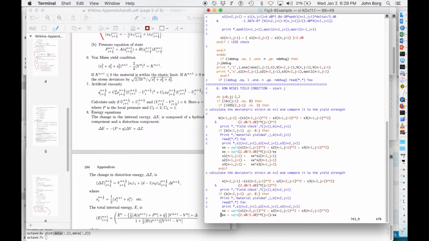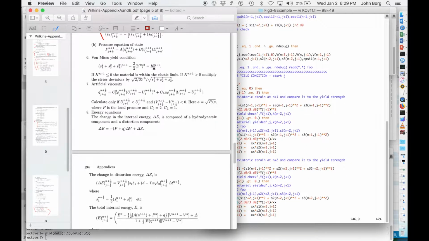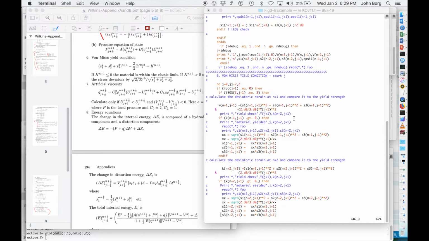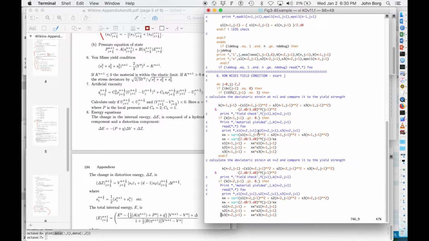So here comes the von Mises yield criteria. It's calculating the yield surface here, the distance to the yield surface, and then comparing, are we outside of the yield surface? And if we are, then we modulate the stress deviators. So that's what's going on here.